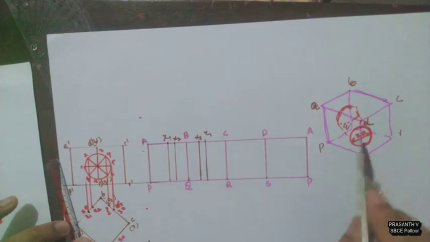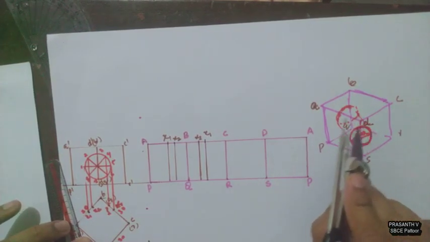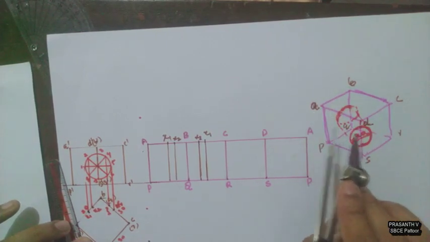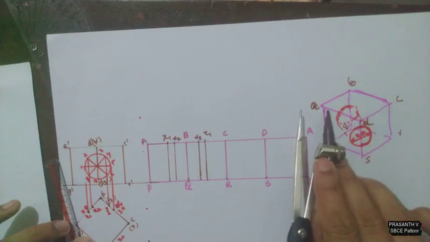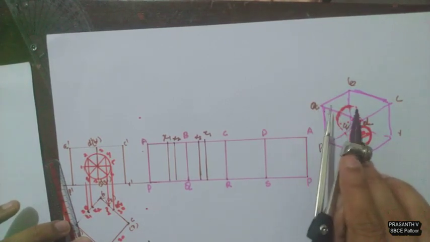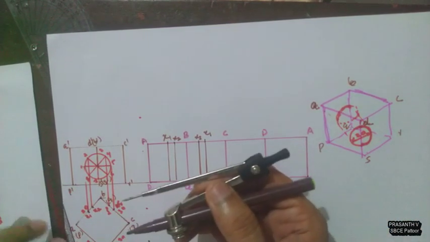Now we know there will be circles in the faces of the cube. This face there will be a circular hole, and behind that another circular hole is also present. So we have to represent that also.